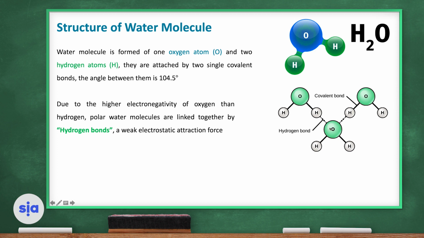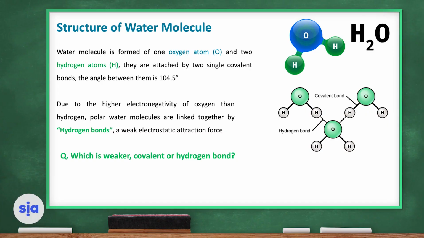And this is due to the higher electronegativity of oxygen than hydrogen. Oxygen has more electronegativity than hydrogen. So polar water molecules are linked together by hydrogen bonds with a weak electrostatic attraction force. They can leave each other easily.